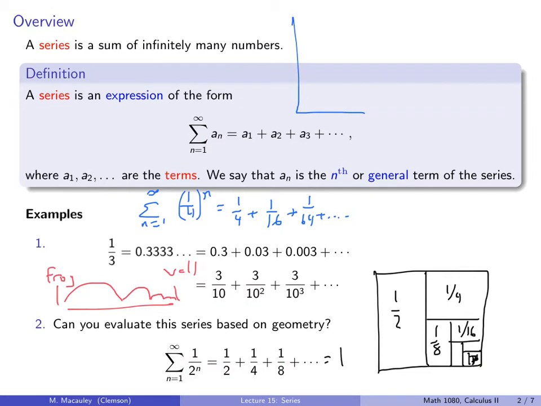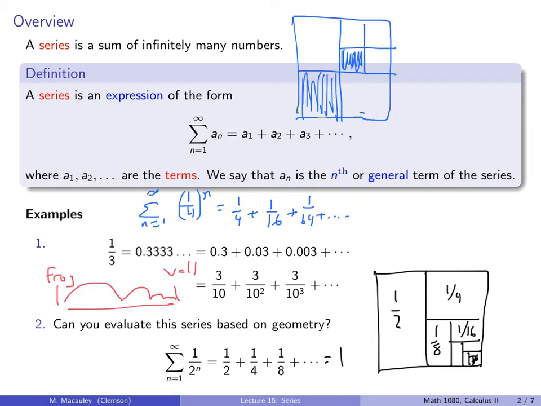First one, I'll do it up here because I have space. Let me take the same square I had before, and let me divide it in 4 pieces. And let me shade in that piece. And let me divide this in 4 pieces, and shade in that piece. And let me just keep repeating this.